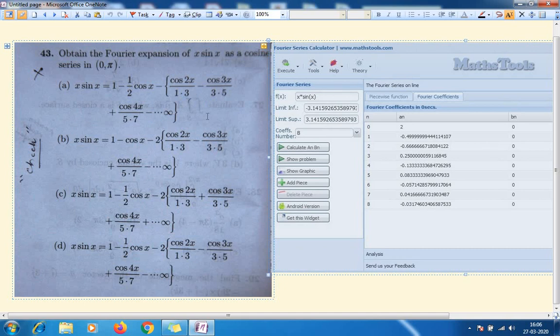The remaining terms were not matching. Like for the third harmonic, the coefficient is 2 by 15, which is not equal to 0.25. So you need to be careful. Sometimes the options themselves are wrong, and you have to trust your calculations.